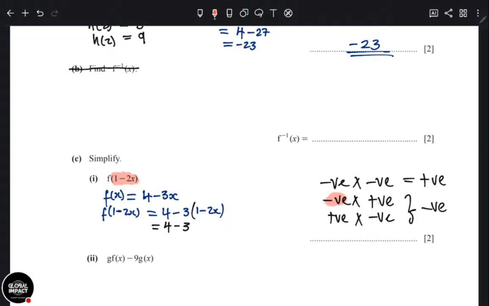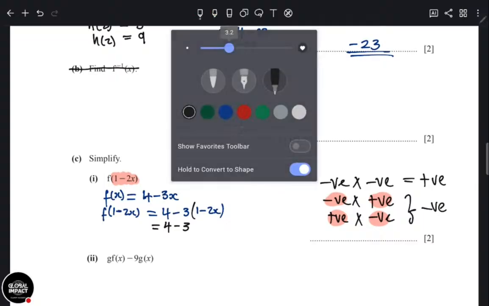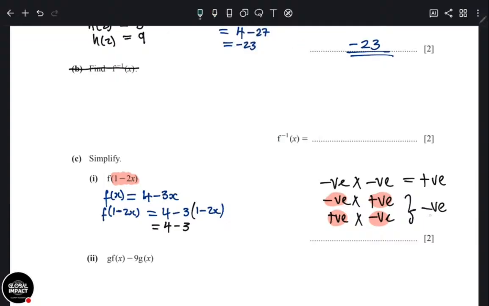When the signs are different. When you multiply or divide things that have different signs, one is negative, one is positive, you always get a negative there.